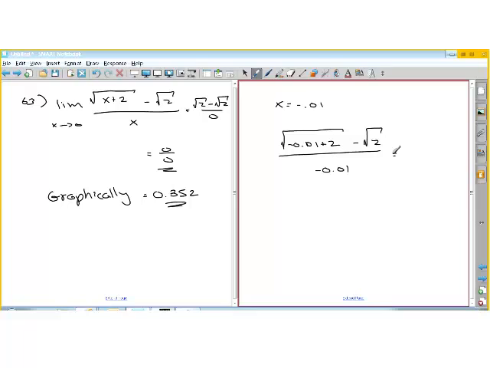So get the calculator out. So we have the square root of negative 0.01 plus 2, close parentheses, minus the square root of 2. Okay, so that's the numerator. And I get 0.00354. And I divide by negative 0.01. And I get 0.354.